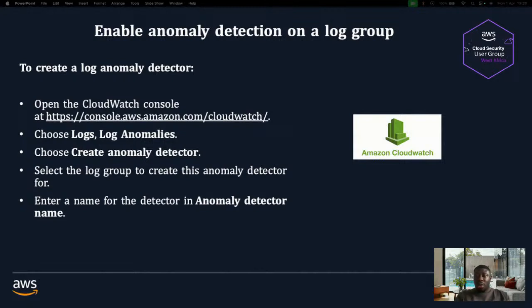So I'm going to share my AWS screen so that you would be able to see. Let me see this.